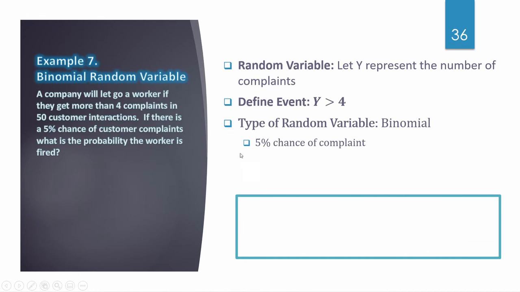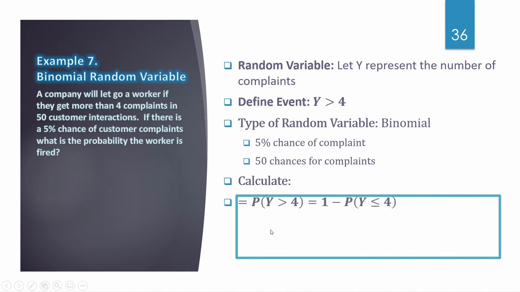Since there is a 5% chance of complaint from any one of the independent 50 trials that occur, we can calculate the probability again using the binomial distribution. The probability of getting more than 4 complaints is the same as 1 minus the probability of getting less than or equal to 4 complaints.